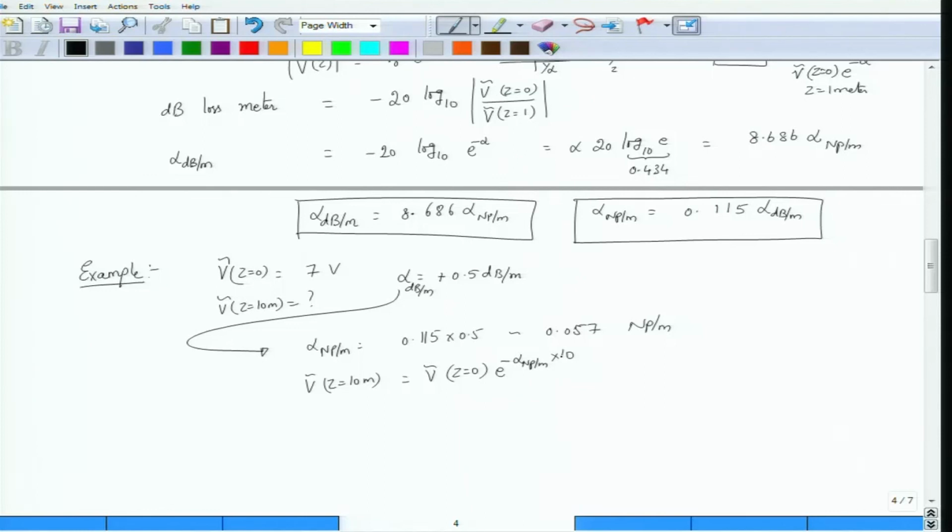So you substitute: this is 7 into e to the power minus 0.057 into 10, and if you use your calculator, you will see that this is nothing but 3.94 volts. So you can see that the voltage at z equal to 10 meters has actually dropped from a value of 7 to 3.94 volts. It would continue to drop if the transmission line is actually extended beyond 10 meters.